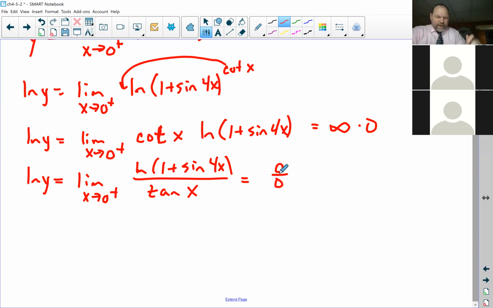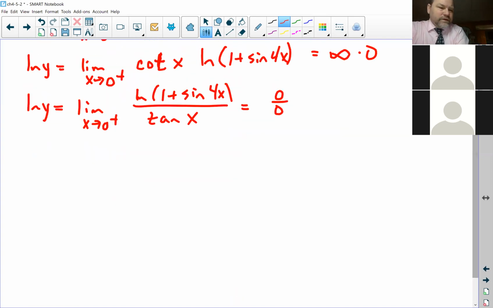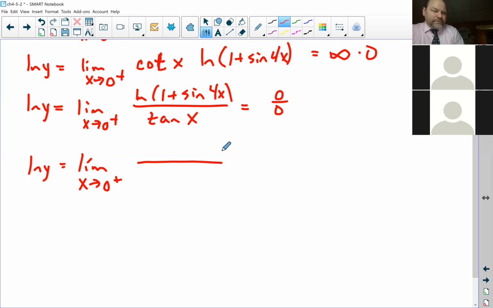And I do a happy dance because I can use L'Hopital's rule when I have 0 over 0. The derivative of the numerator is, let's see, 1 plus sine 4x would go in the denominator of a fraction. Its derivative would go in the numerator.